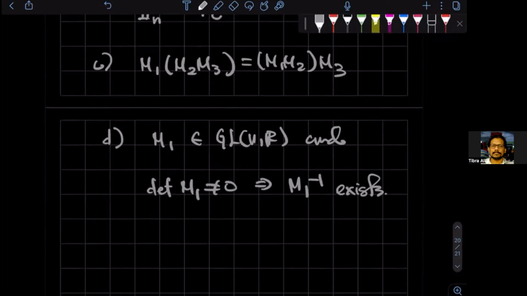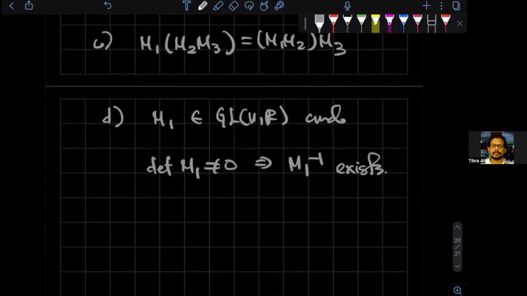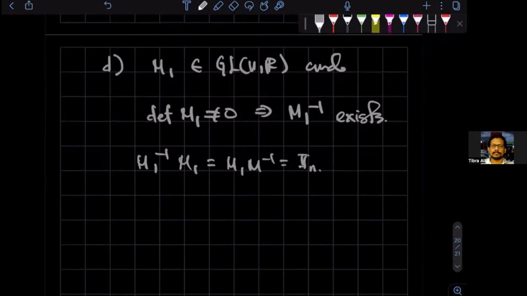And it's unique. So we can say that M1 inverse is the inverse of M1. Okay. So we have shown that this is a group, right? Any questions?